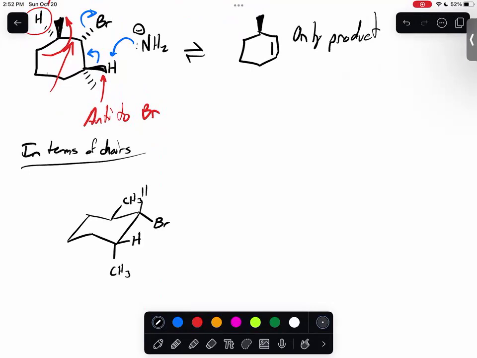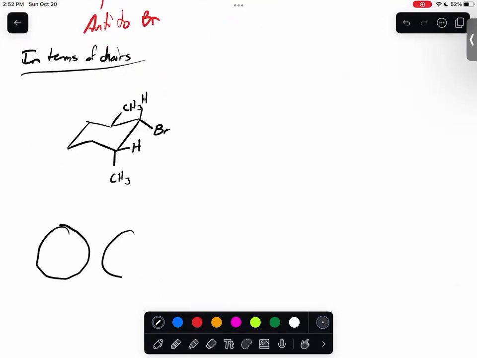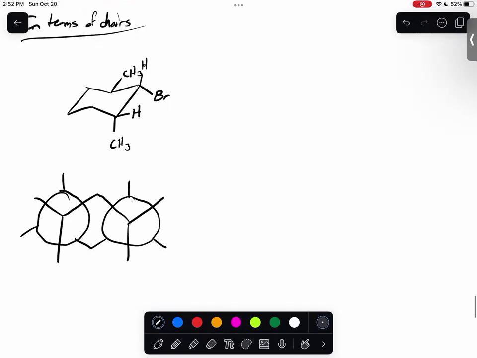If we look at the Newman projection for this, looking down these two carbons, on the front carbon, CH3 is pointed down and H is pointed right there. The H on the back is axial, Br here. We're not going to worry about where the other CH3 is. We'll even erase it from up here.